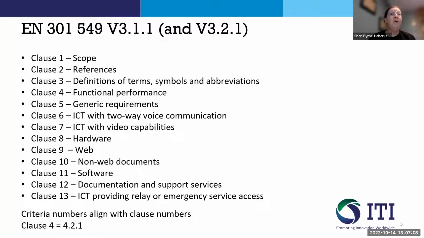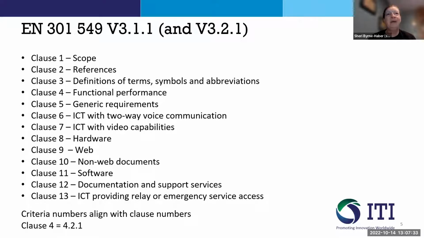So 3.2.1 has more than a dozen sections. The first section is scope. The second section is references. The third section has definitions of terms. Functional performance is next. Then we get into stuff that starts to get specific to the products. We have generic requirements first. Then we have ICT with two-way voice communication.